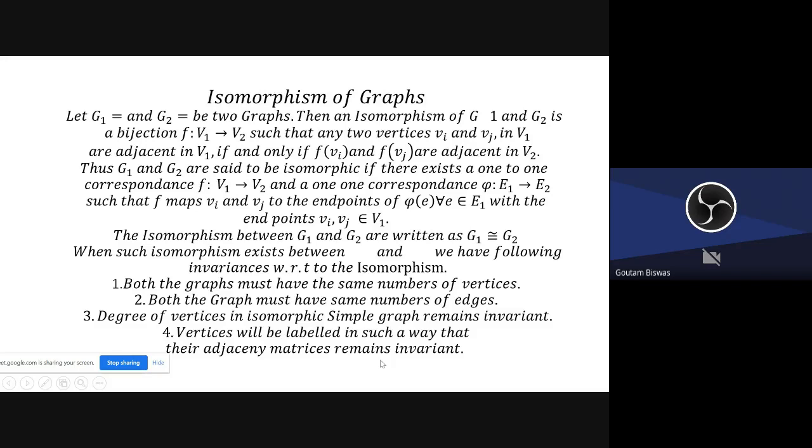So first you build the adjacency matrix of this graph and the adjacency matrix of the other graph. You have to keep the adjacency matrix fixed when you transform V1 to V2.